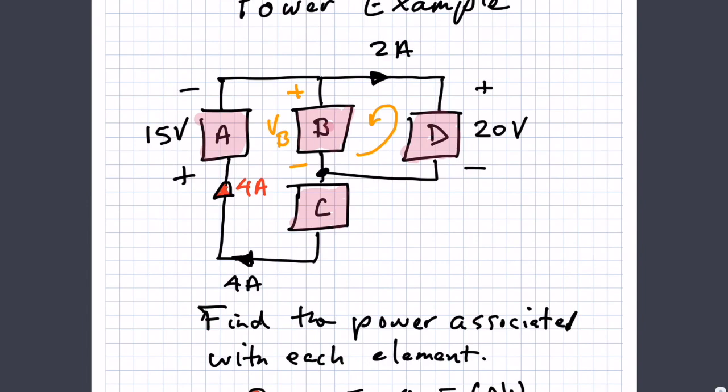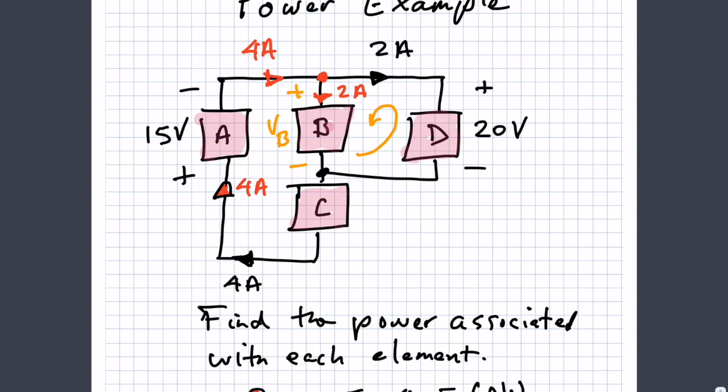Okay, then we also know that 4 amps is here and 2 amps is here, so that means this splits, and a KCL equation at this node would give me 2 amps coming down.